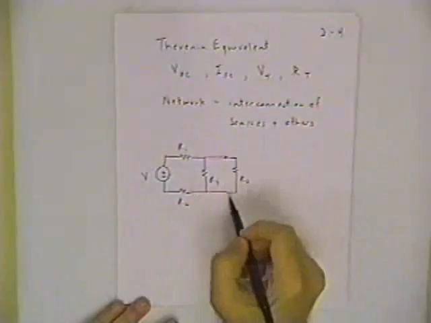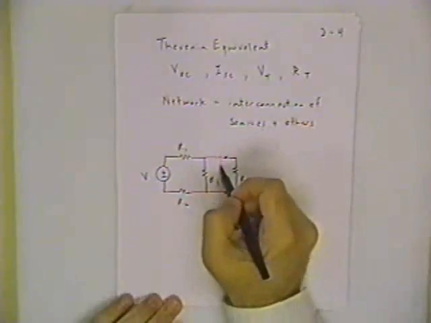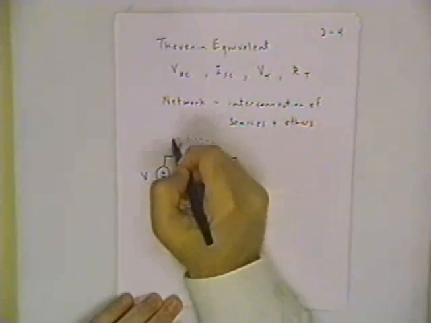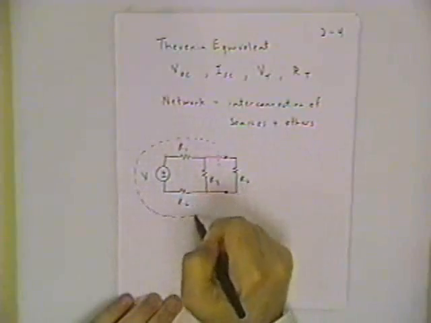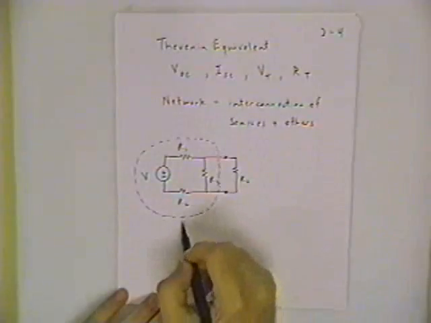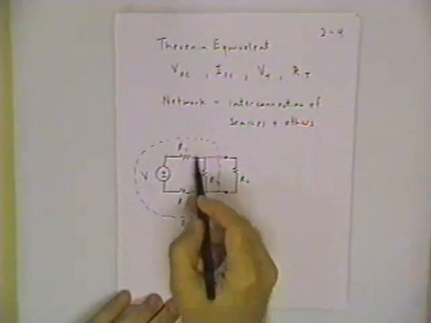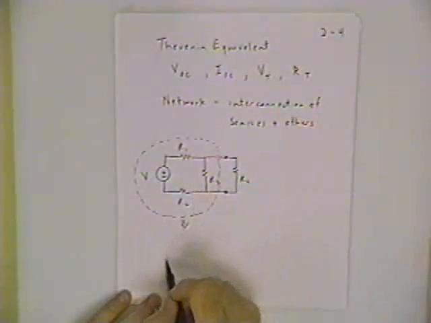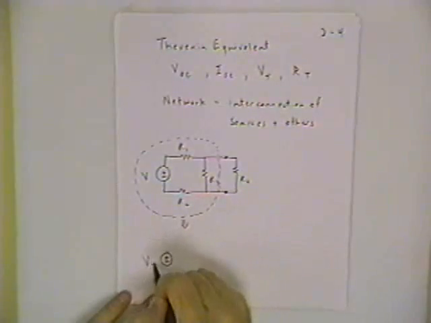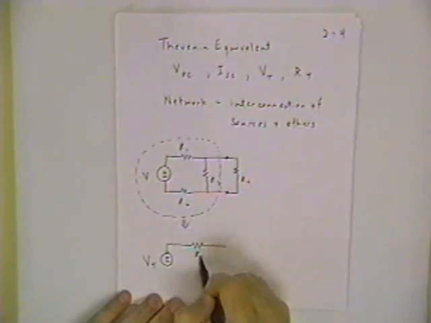If we're interested in calculating the current through resistor R4, it's really only necessary to know the equivalent network for this portion of the circuit that I'm drawing dotted line around. In fact, the idea of the equivalent network is to say, well, this whole arrangement of elements, and it can be as complicated as you want, is represented by a single voltage source called VT, or the Thevenin voltage, and a single resistance called RT.